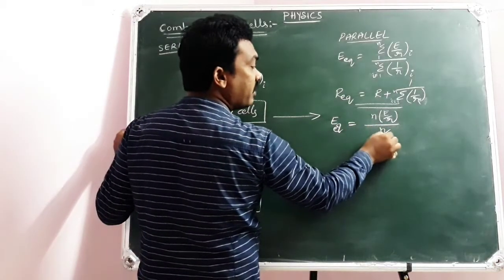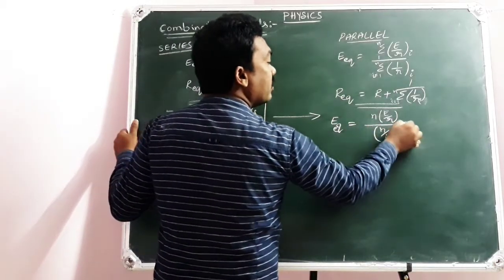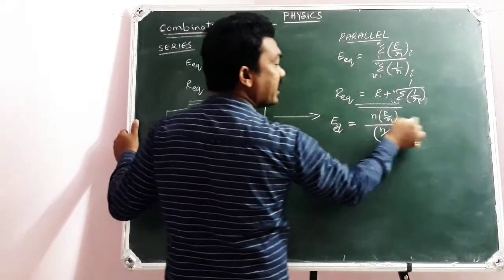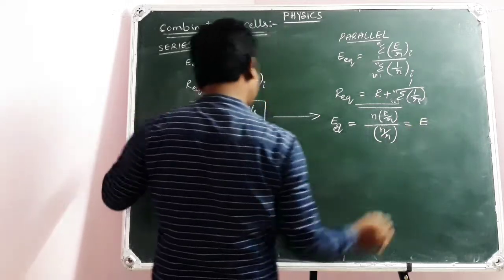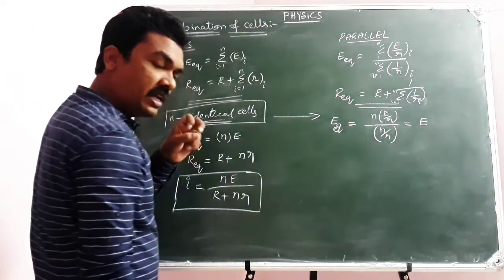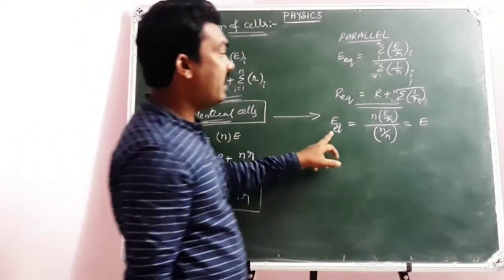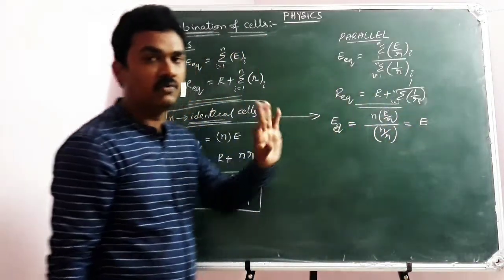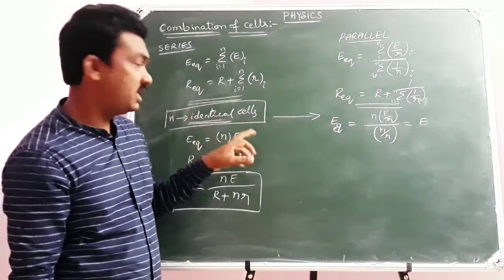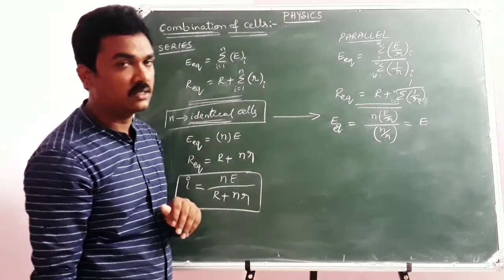So it's going to be n by R. Now here n gets cancelled, R gets cancelled, that's going to be E. It means if n identical cells are connected in parallel, then equivalent EMF is equal to E itself, which is the individual EMF of the identical cells.